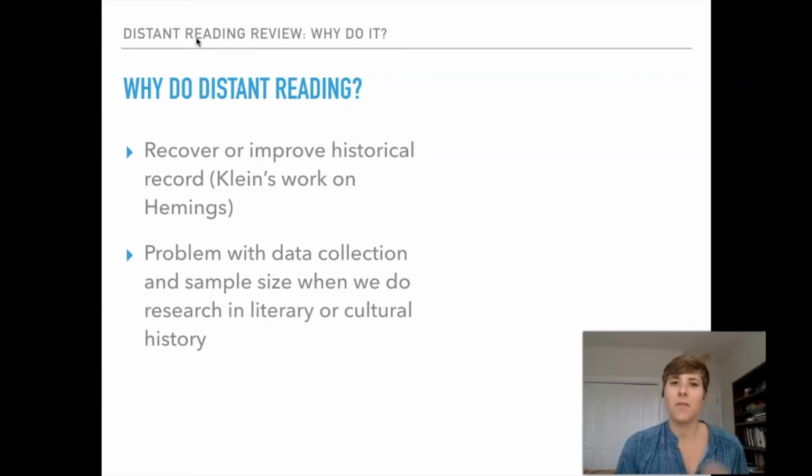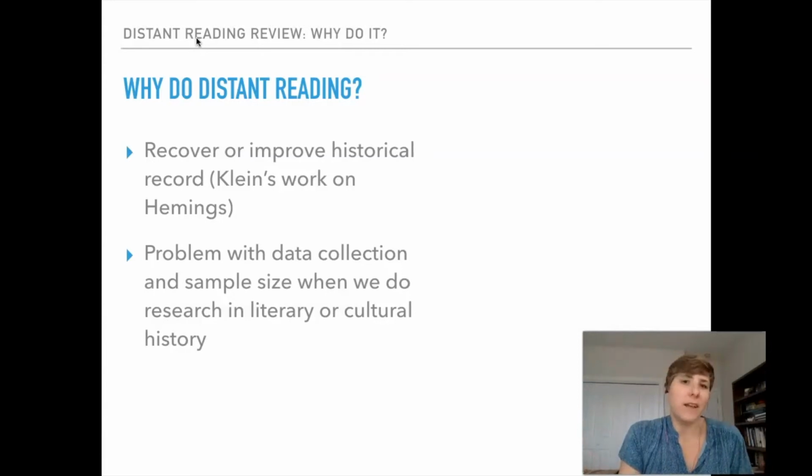More broadly, though, within the space of literary study, literary study has what we can think of as a problem with data collection and sample size when we do research into literary or cultural history, right? So when we do a scientific sample, for instance, you need some kind of significant percentage of content in order to demonstrate that whatever trend you're looking at or whatever conclusions you're drawing actually matter for culture broadly speaking or for every kind of person.